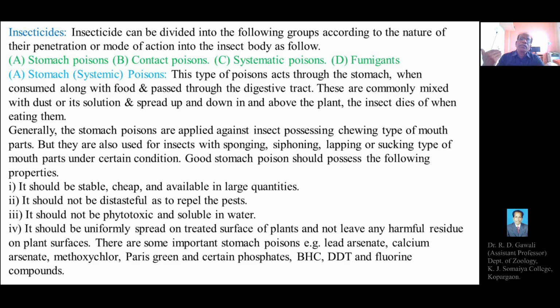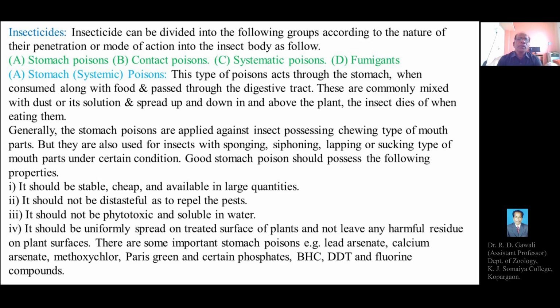When the insect pest feeds on these plants, it ultimately dies or is killed when the poison reaches the stomach or digestive tract and produces its toxic effect.